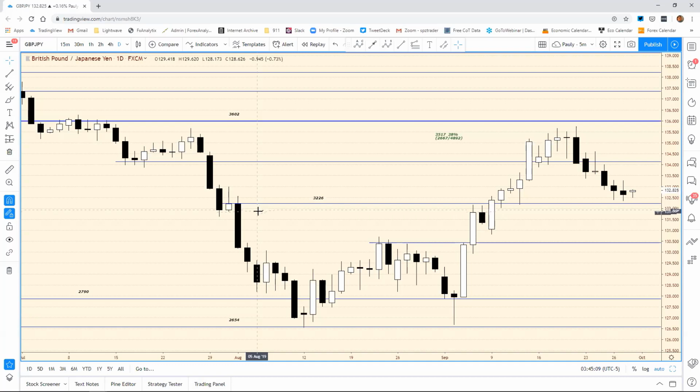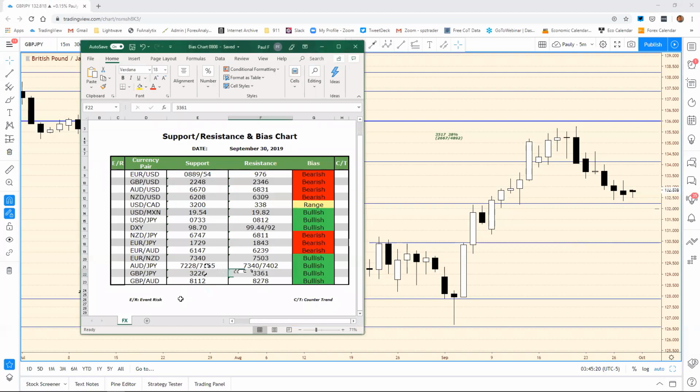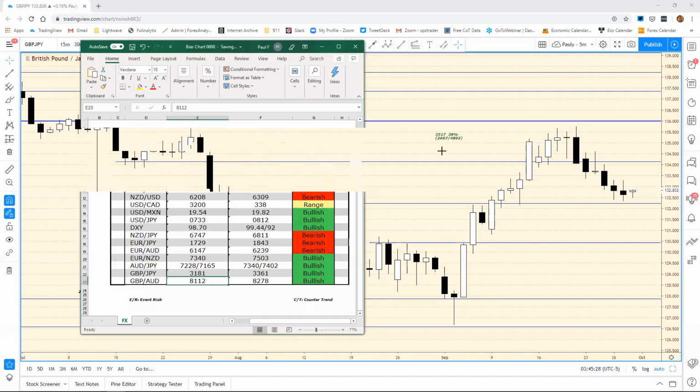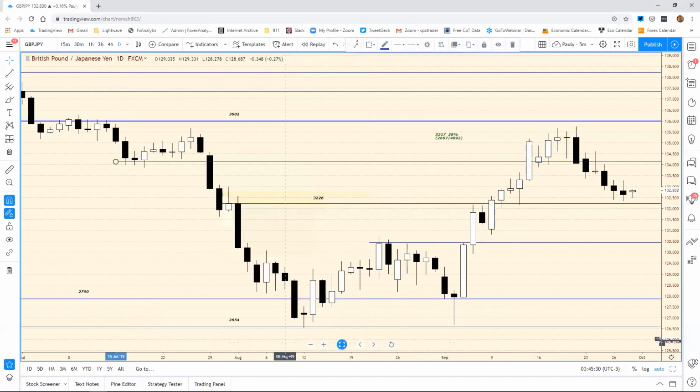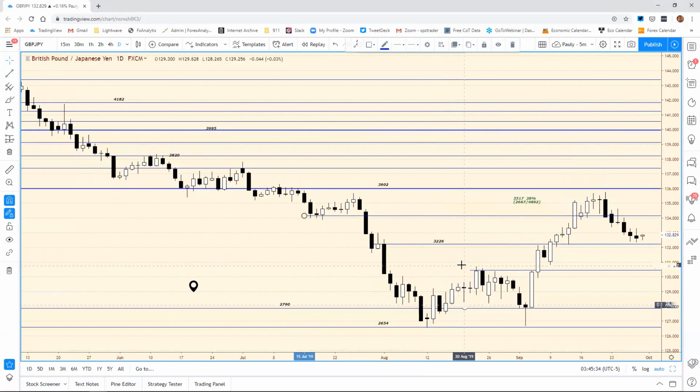31.81. But that 32.26 has held here for right now. This is only if we just make one more break.